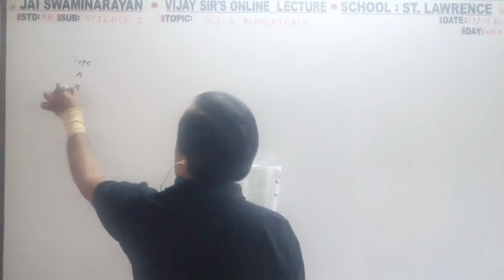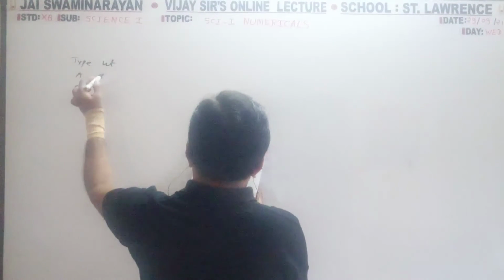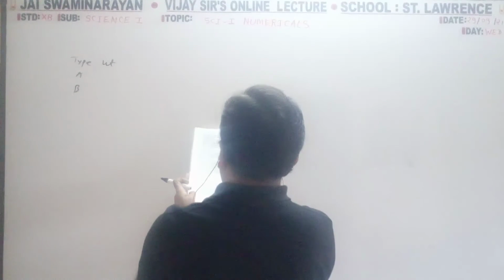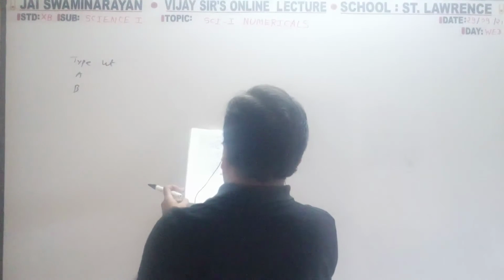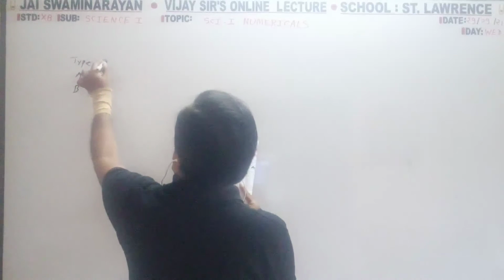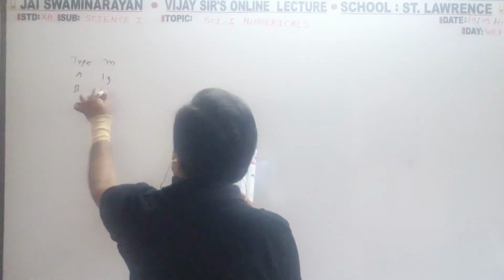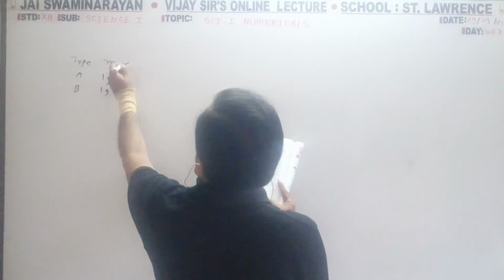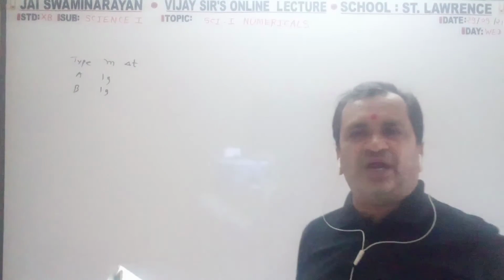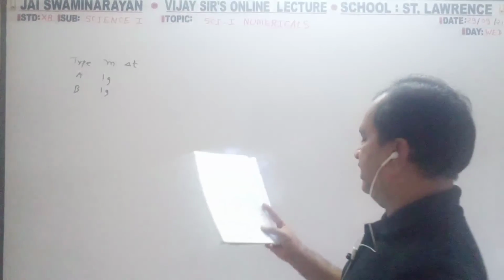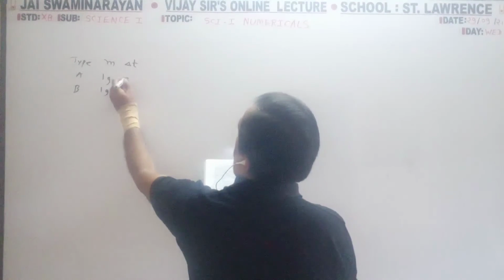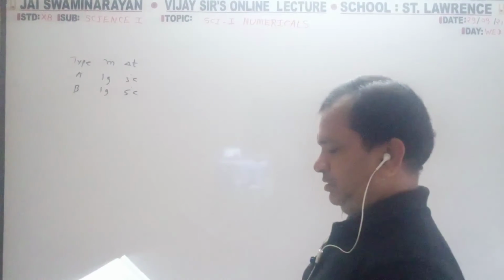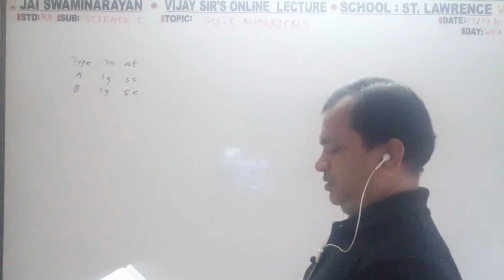Type A, B. Mass 1 gram, 1 gram. Delta T means from starting to ending, increasing or decreasing, the difference in the temperature. 3 degree temperature, 5 degree temperature.